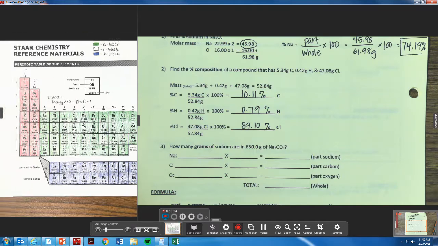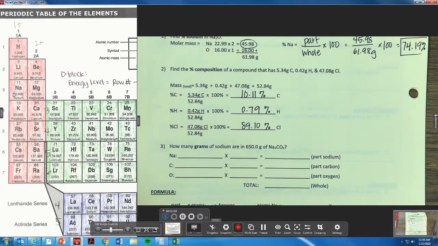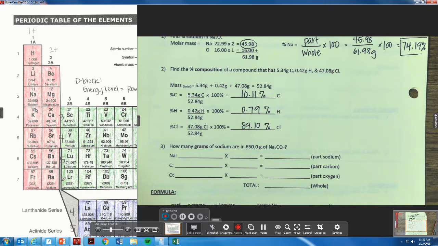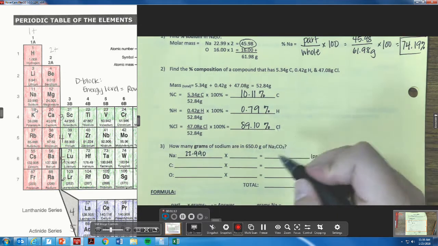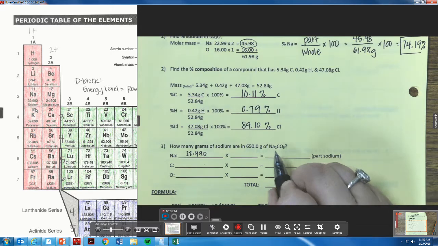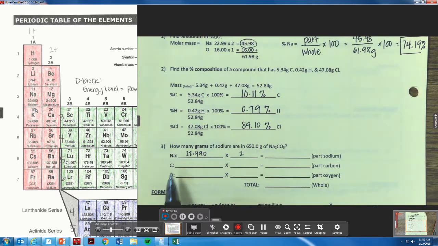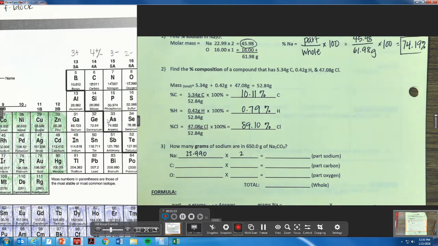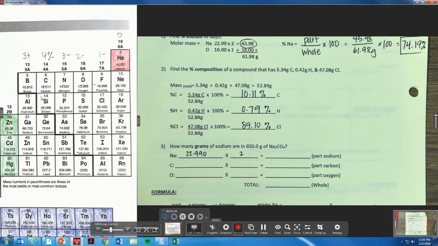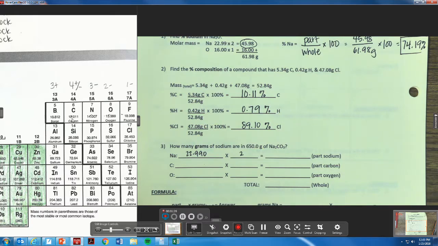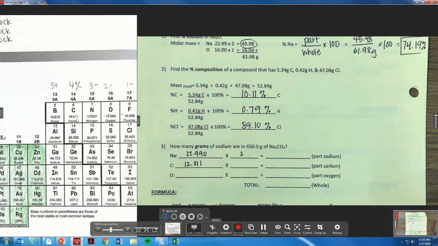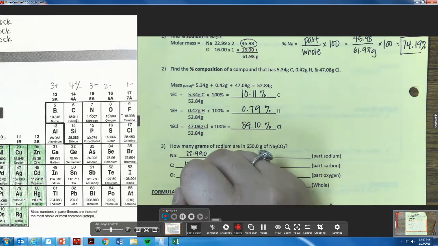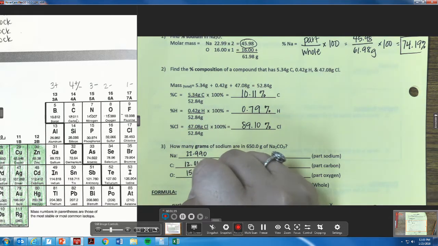Sodium on our periodic table is 22.990, and we have 2 sodiums. Carbon, what is the atomic mass for carbon? Carbon is 12.01. Oxygen is 15.999.